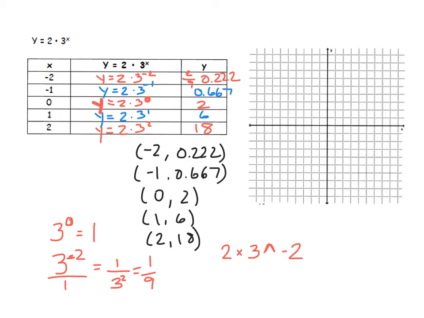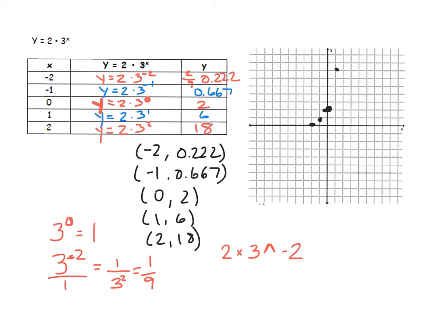So negative 2, comma 0.222, that's just slightly above the x-axis right there. And then we've got negative 1, 0.667, so 0.667 is about 2/3 of the way towards 1, so maybe right about there. 0, comma 2, which would be right there. 1, 6, just about, that's not 6, that's 7.